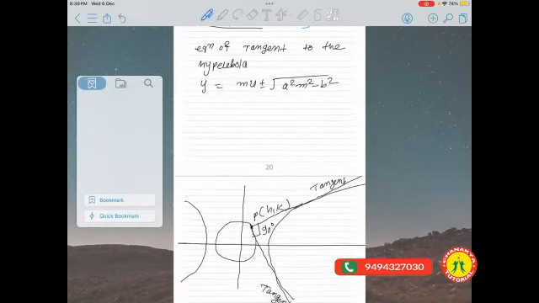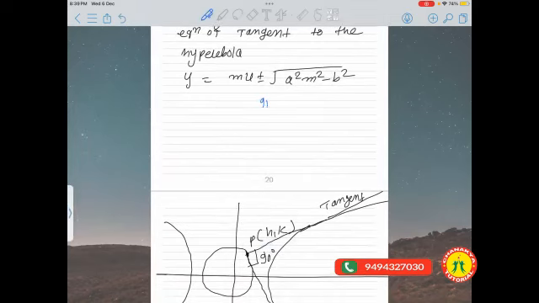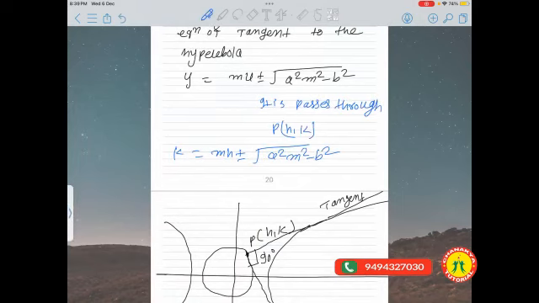So now it passes through the point P, it passes through h comma k. So now k is equal to mh plus minus root under a square m square minus b square.